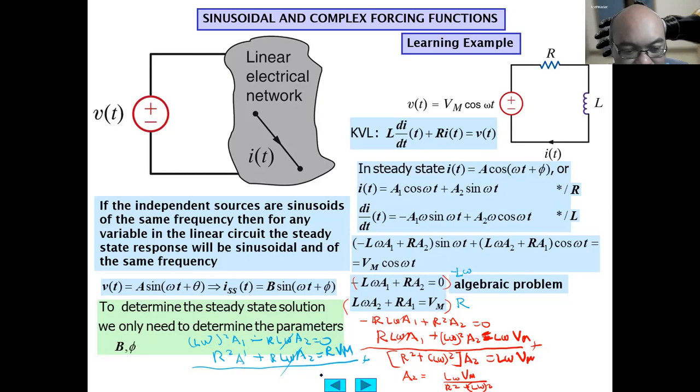So we will obtain here L omega square A1 plus R square A1 equals to R Vm, or A1 then equals to R Vm divided by R square plus L omega square. Let's see if our answer is correct.